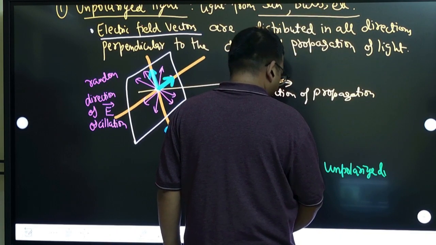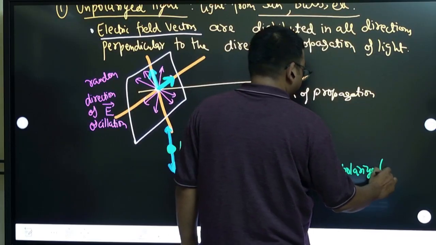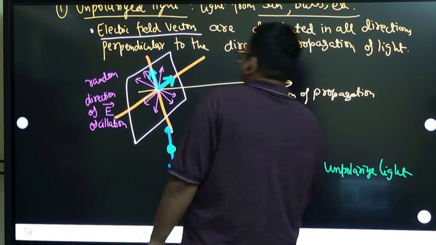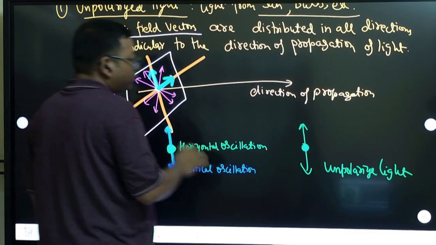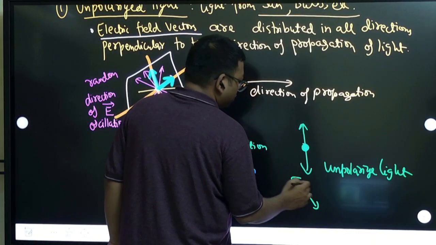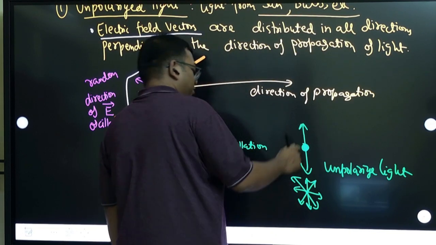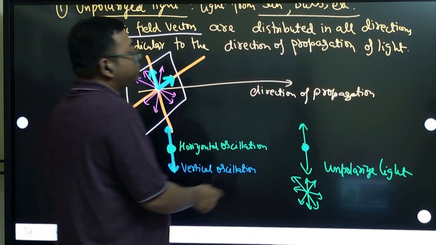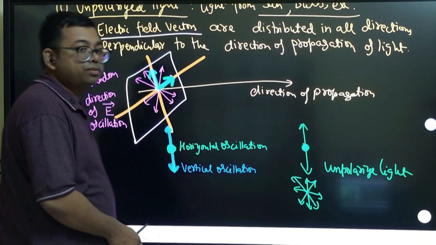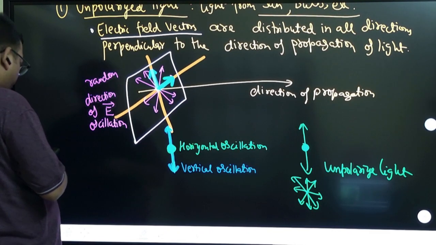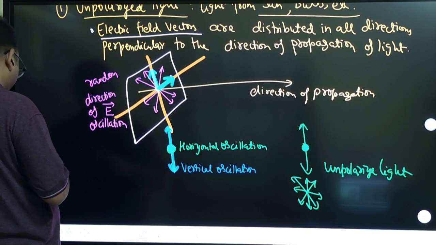But in some textbooks they may also represent it simply with this diagram, which shows all possible directions. Both diagrams can be used to represent unpolarized light.